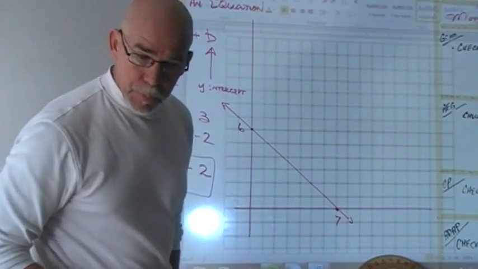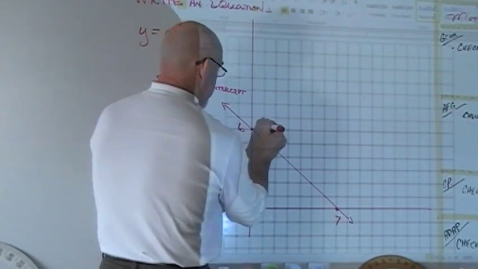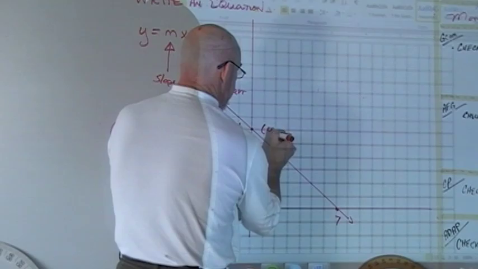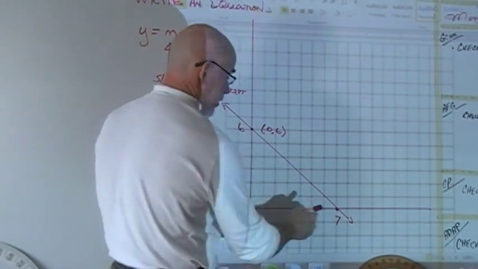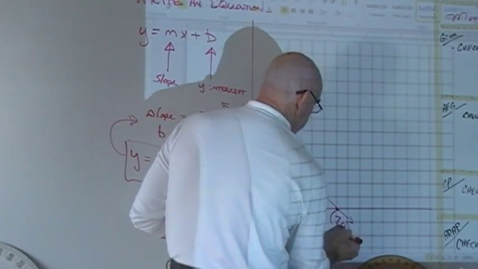That gives you a couple of points. This one is on the y-intercept, so this coordinate would be x is 0, y is 6, and this coordinate, x would be 7, and y would be 0.